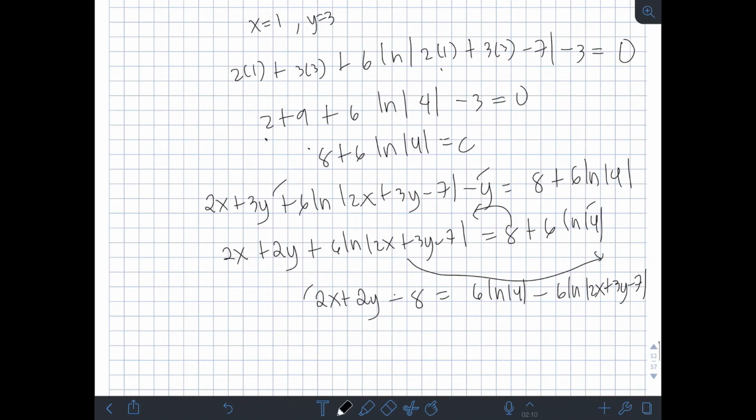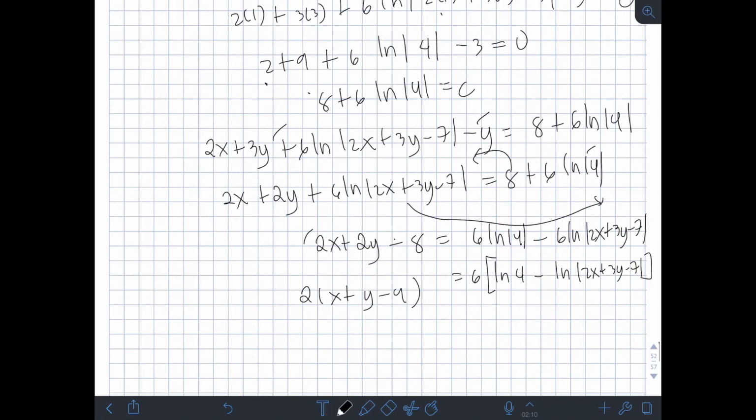So, factor out ko dito si 6. So, ln 4 - ln|2x + 3y - 7|. Then, factor out natin dito si 2. 2 times (x + y - 4).